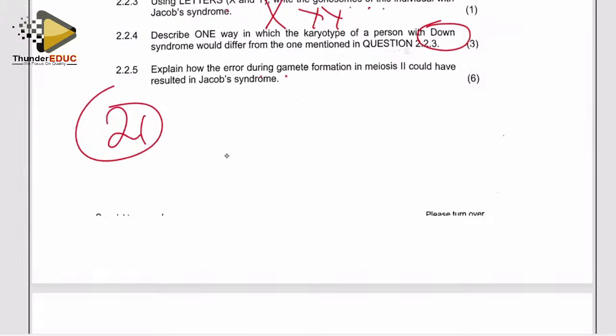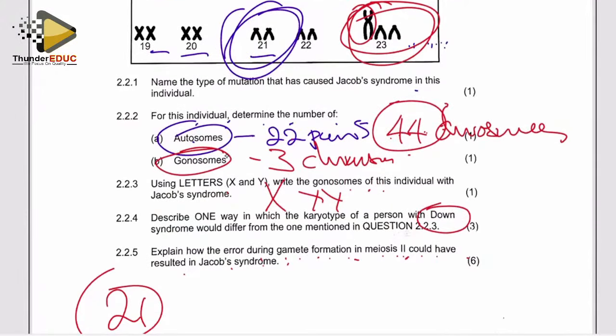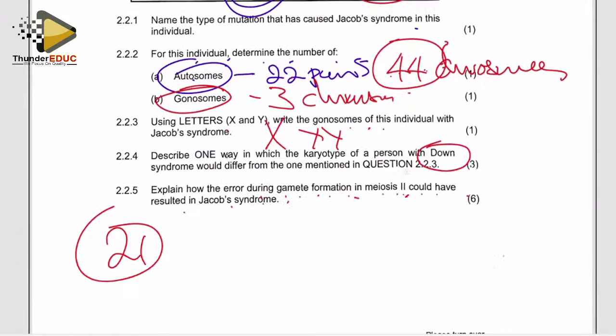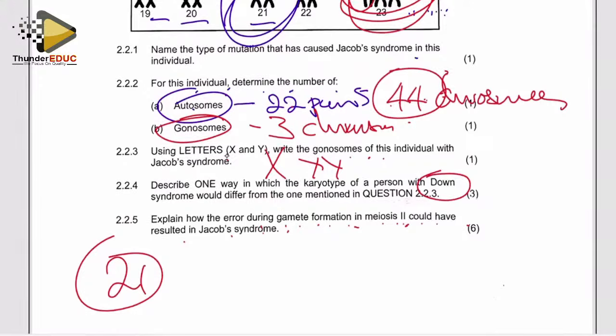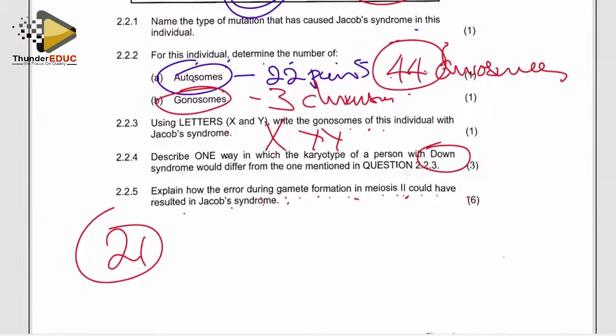Explain how an error during gamete formation in meiosis 2 could result in Jacob syndrome. If you look at this, it could be for a female or it could be for a male. But what happens?